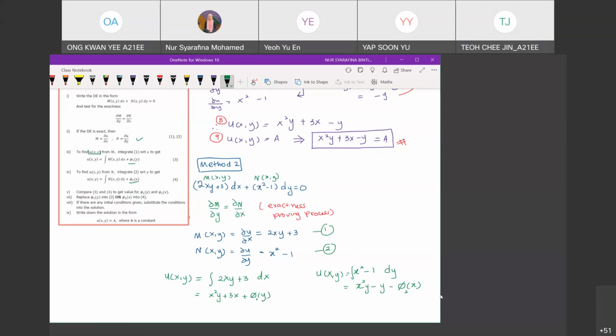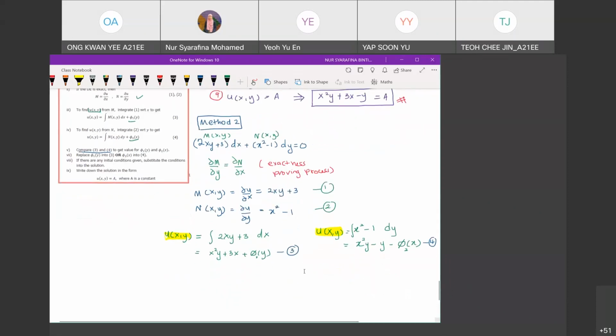Actually, these two are both u(x,y). So to get psi y and psi x, you have to compare equations 3 and 4. This is your third equation, and this is your fourth equation. Compare 3 and 4 to get the value of psi y and psi x.